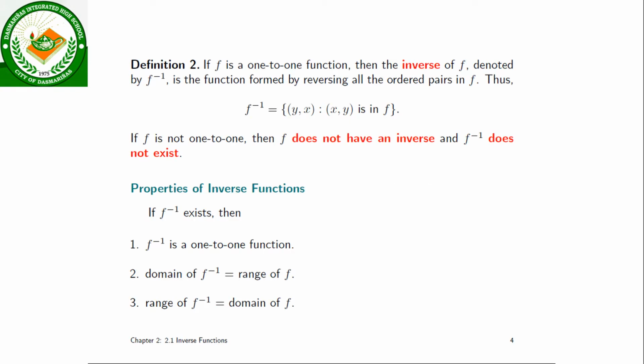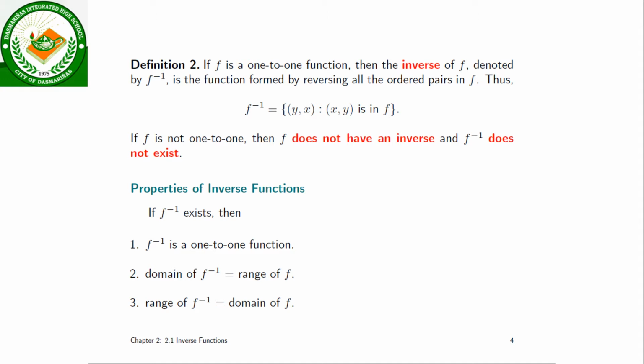To define an inverse of a function, if f is a one-to-one function, then the inverse of f, denoted by that symbol, f raised to negative 1, is the function formed by reversing all the ordered pairs in f. Thus, the inverse of f contains (y, x) such that the ordered pair (x, y) is in the one-to-one function f.